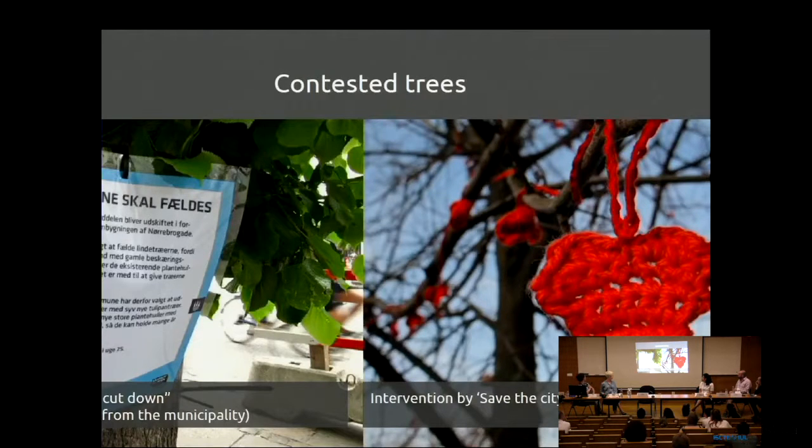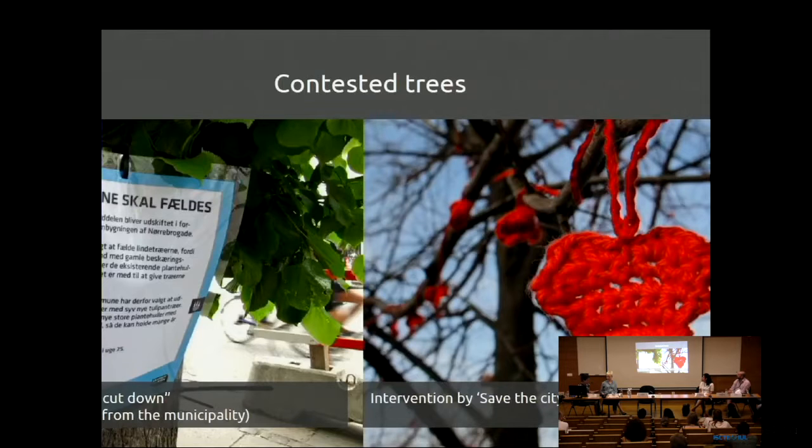And to your left is a municipality sign saying trees will be cut down, trying to calm people down, that this is a part of a bigger planning process. So there is a negotiation about trees in Copenhagen that is important to keep in mind in this project.